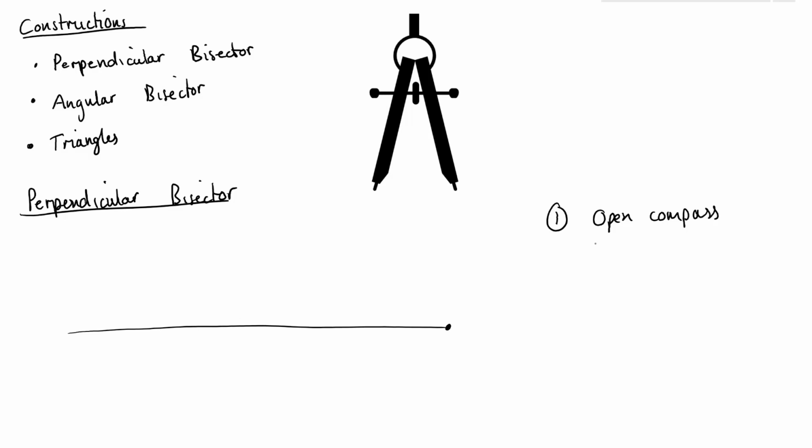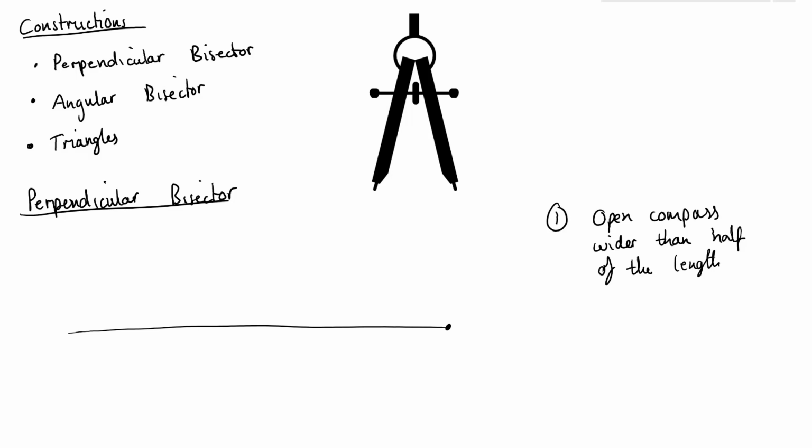So we need to open the compass wider than half of the length of the line. It doesn't matter specifically how much wider than half the length, just as long as it's roughly larger than half the length, you should be all fine.